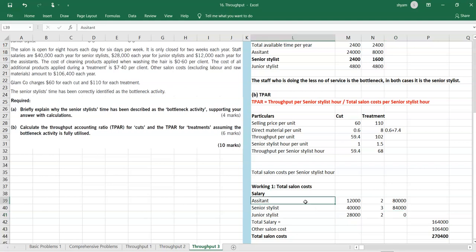Let's see whether that's right. Assistants are paid 12,000, juniors are paid 28,000, and seniors are paid 40,000. So I think we missed this one.